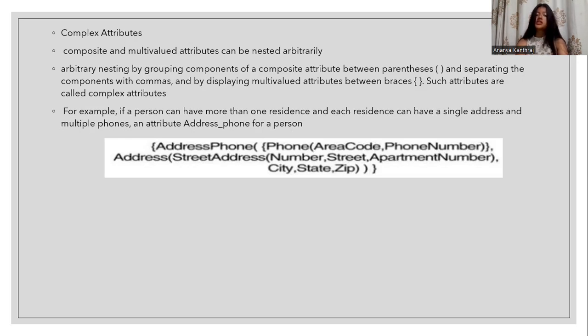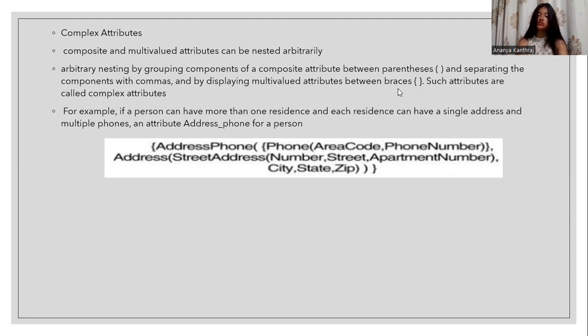For example, if a person can have more than one residence and each residence can have a single address and multiple phones, an attribute address phone for a person is called a complex attribute.